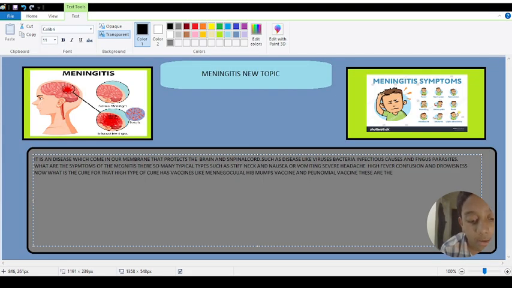These are the vaccines of high care, which give an effective cure for meningitis.